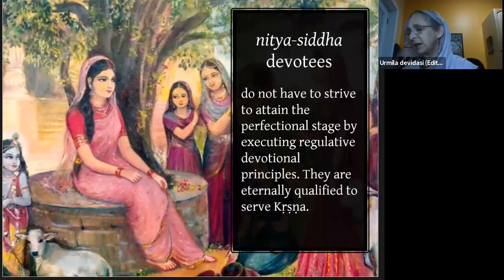Sometimes this nitya siddha is applied to someone who became perfect in a previous life and is now perfect. And there's some confusion, like somebody in some circumstance can be called a sadhana siddha or kripa siddha, and in another circumstance can be called a nitya siddha, because once you become siddha, it's as if you've always been siddha.